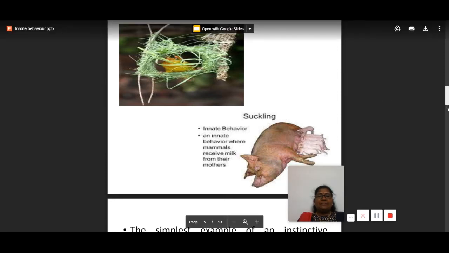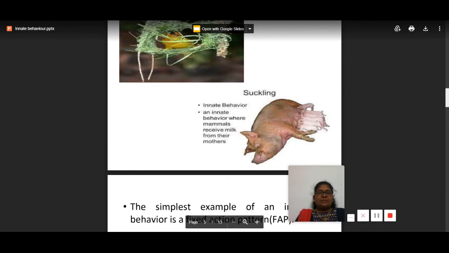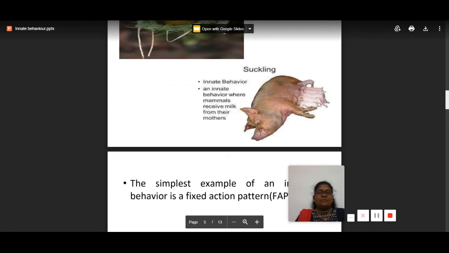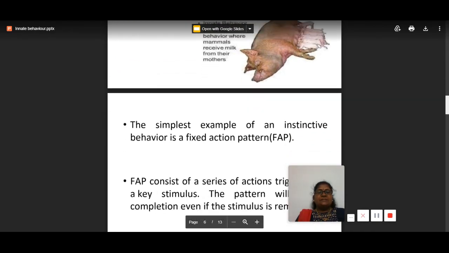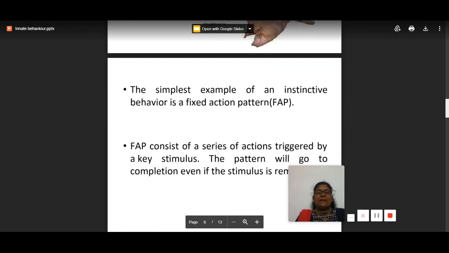As soon as the baby is born, the suckling process takes place. It is not learned or practiced. It is inborn only.